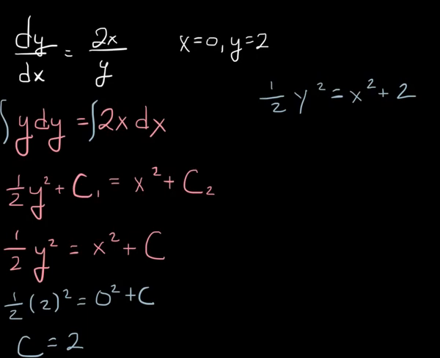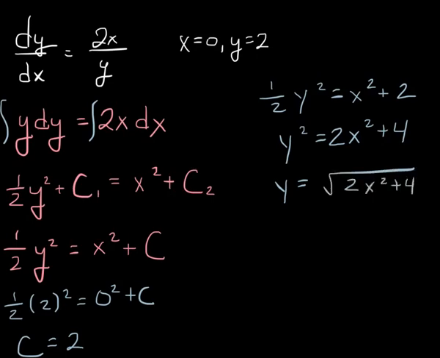And we're going to continue. We're going to solve for y. We'll do that first by multiplying everything by 2, and then taking the square root. Now when we take the square root, we want to remember that there's a possibility of this either being positive or negative.